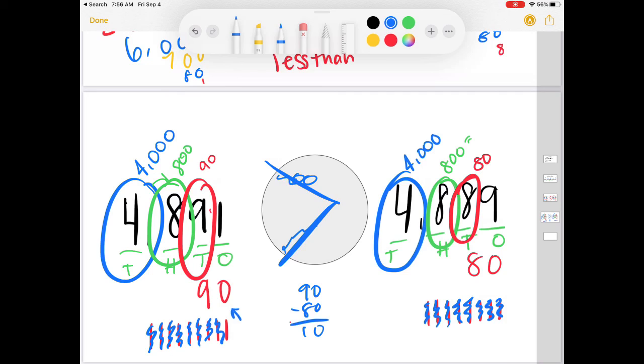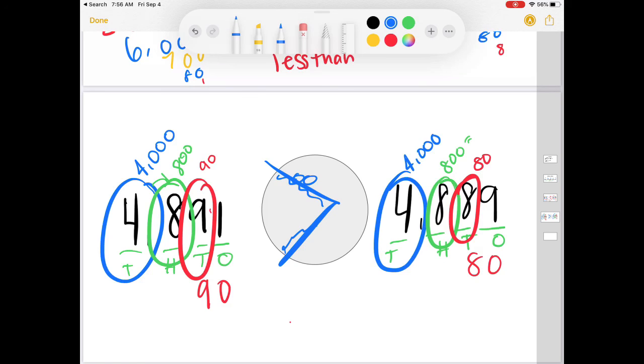So my alligator is going to eat this one. Chomp, chomp, chomp. So 4,891 is greater than 4,889.